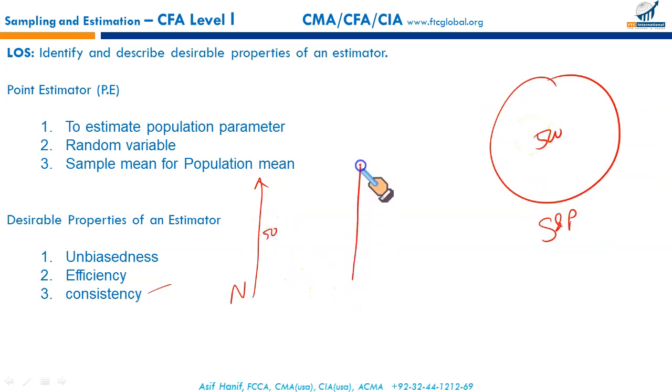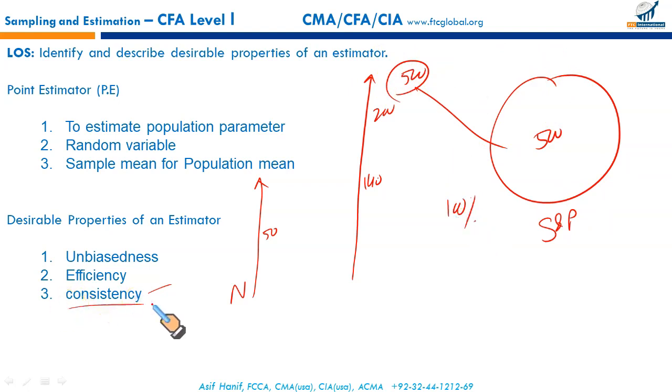If you keep on increasing the sample size from, let's say, 140 up to 200, or up to 500, and you're taking the whole population, then the probability that the estimator will cover the entire population will be 100%. Just common sense, but this is one of the statistical properties we need to discuss. So this is the third property of a point estimator.